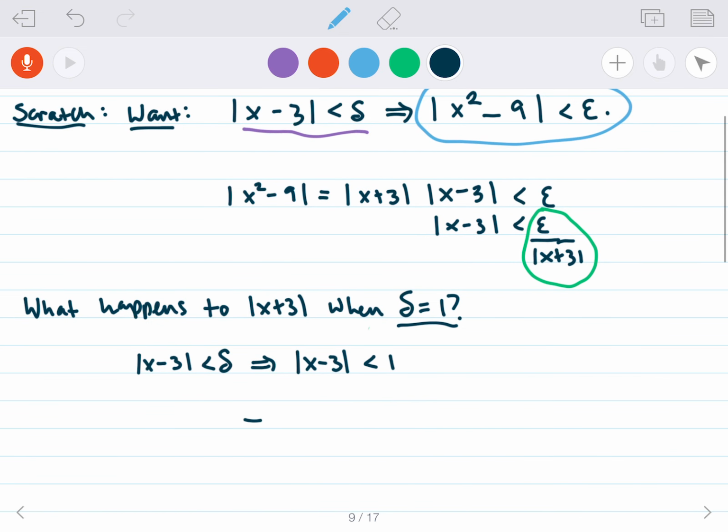Okay, and by properties of absolute value, that's going to tell me that x minus 3 is less than 1, but bigger than negative 1, which tells me if I add 3 to everybody that x is between 2 and 4. And again, I'm trying to bound the absolute value of x plus 3. So if I add 3, that's going to be between 5 and 7.